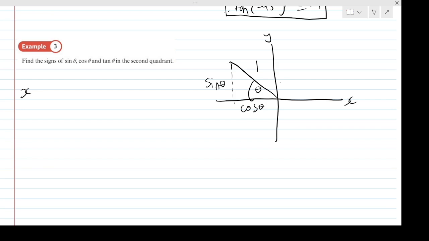Again, we saw that x is cos theta and y is sine theta. Hopefully you can see that, right? That's the x point, which is the cos theta, and the sine theta is the y part. Well, x is negative here, isn't it? Because it's on the negative x-axis. So x is negative. Well, that means that cos theta is negative because it's just the x part.